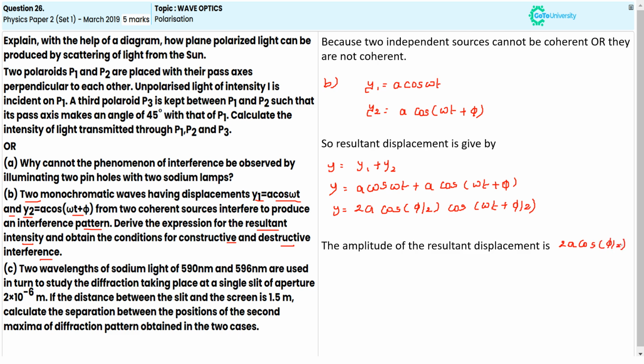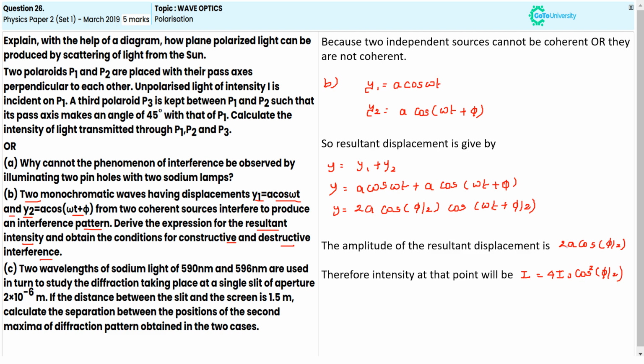and therefore the intensity at the point will be I is equal to 4 times I naught cos square of phi by 2. Okay.